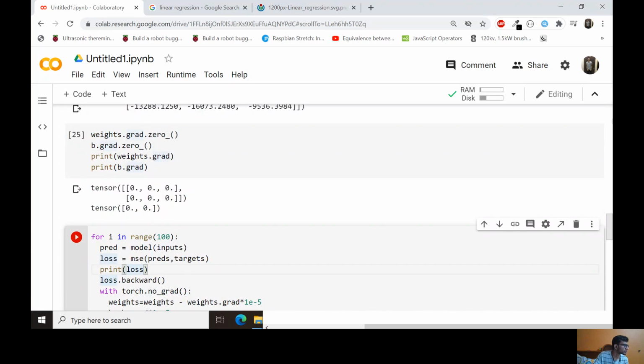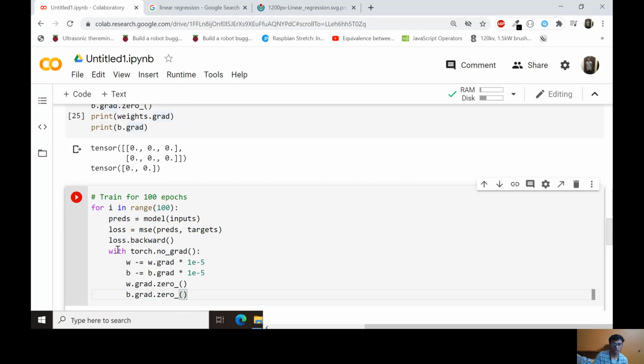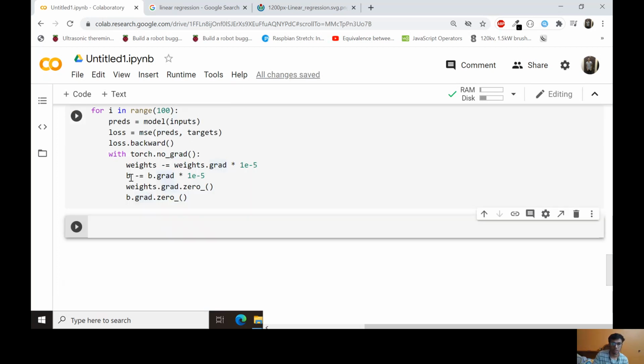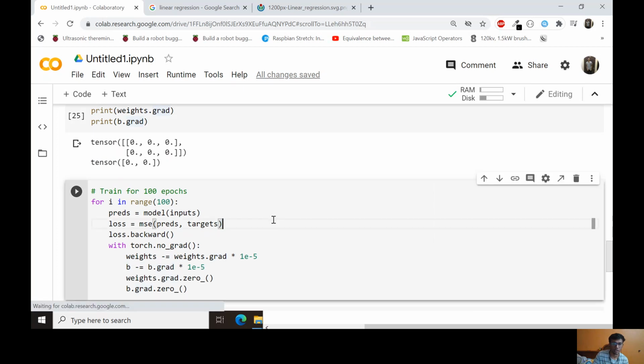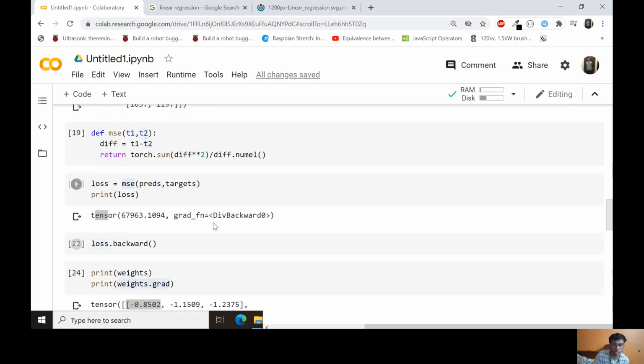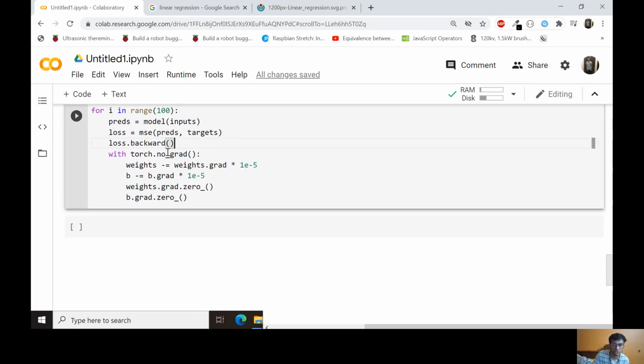So what I want is to just take the value, keeping the weights, and run it one more time. Okay, it worked. I forgot to do one more thing, I'll do that for you guys.